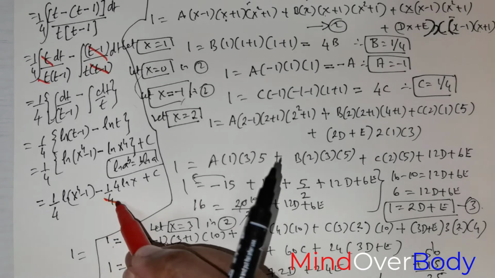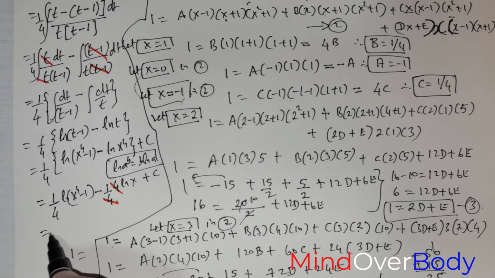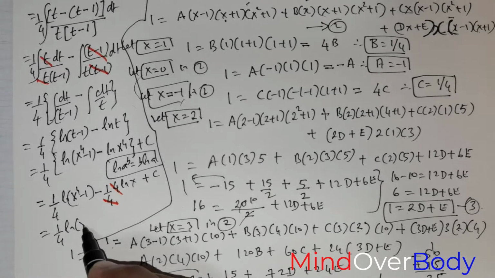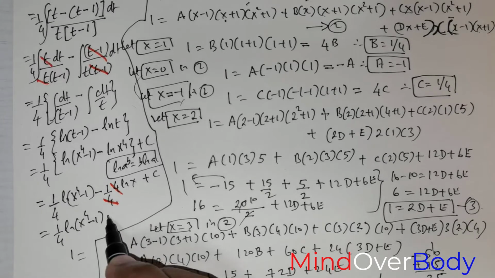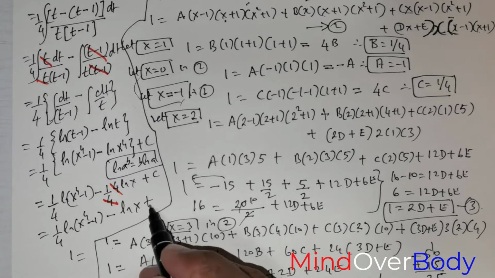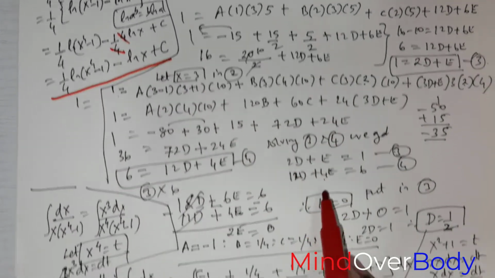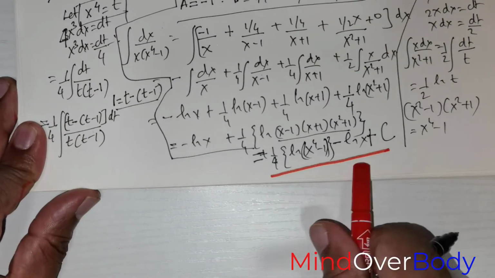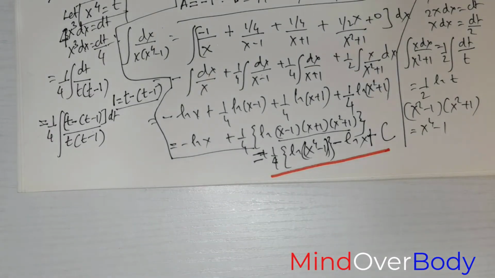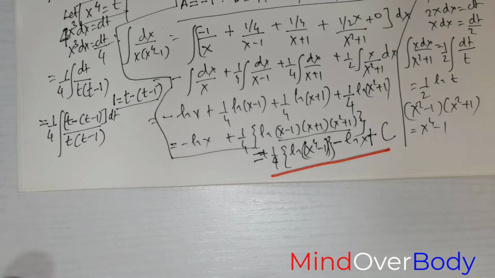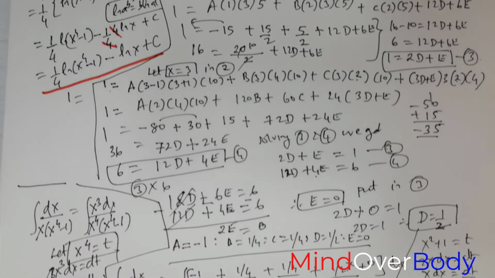Clearly I can get rid of this 4, which would give me 1 over 4 times ln of x to the power of 4 minus 1, minus ln x plus c, right? So this is exactly what we have got in partial fractions. You see that? So that is a beautiful question, and we will move on to the next question.